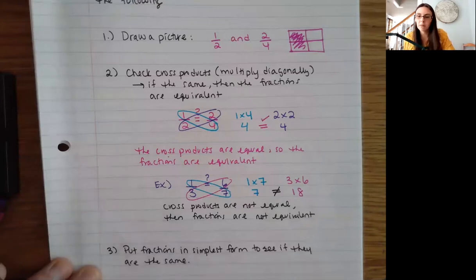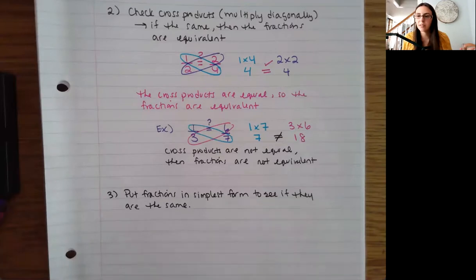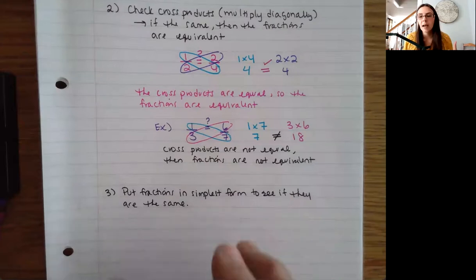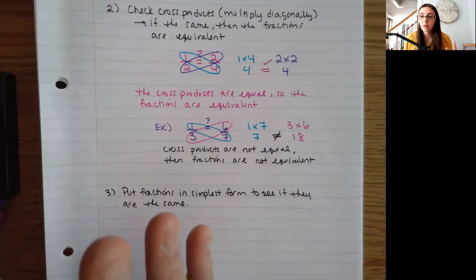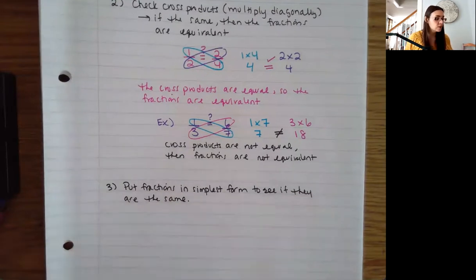And that's really what I want to spend the rest of this video on, is what is simplest form and how do we put our fractions in simplest form, because we're going to use this technique all the time. We'll come back to cross products occasionally throughout the class, so we're not going to get rid of that idea either. But we tend to use the simplest form a lot when we're finalizing our answers for fractions as well. So this is something that we really want to spend time on. And this is why we also spent all that time on prime factorization. So let's go ahead and talk about this.